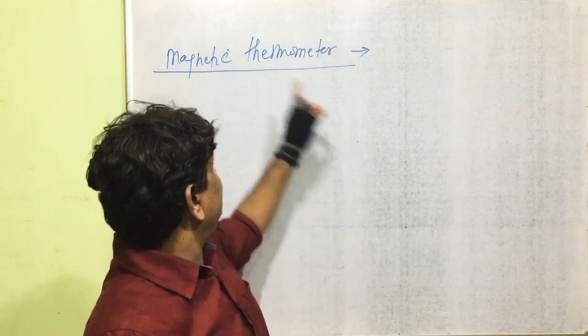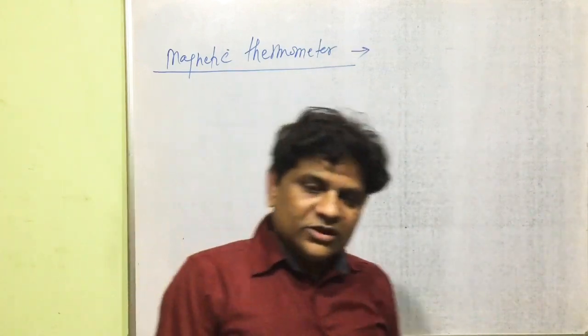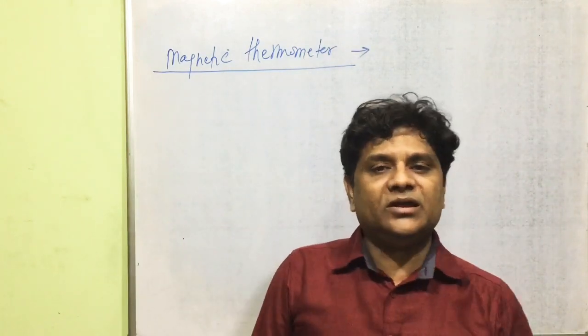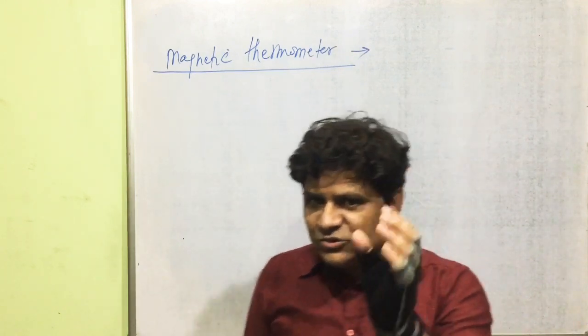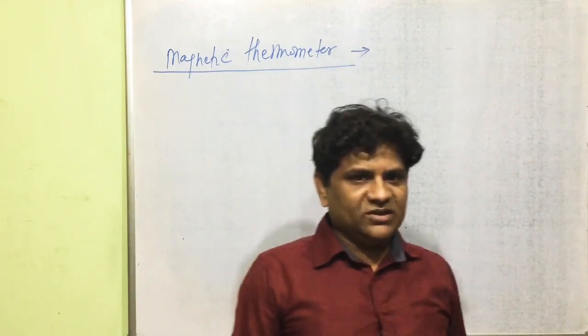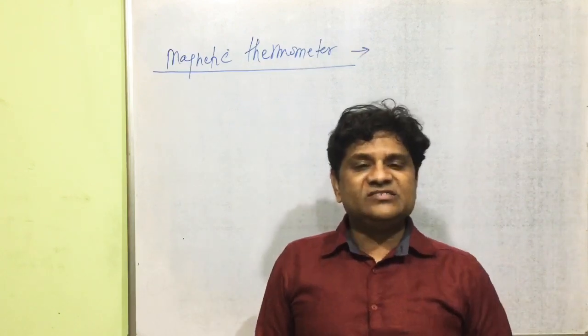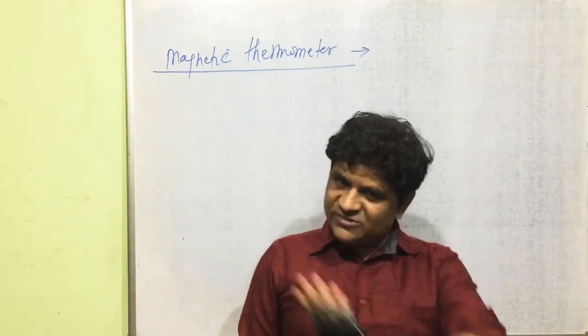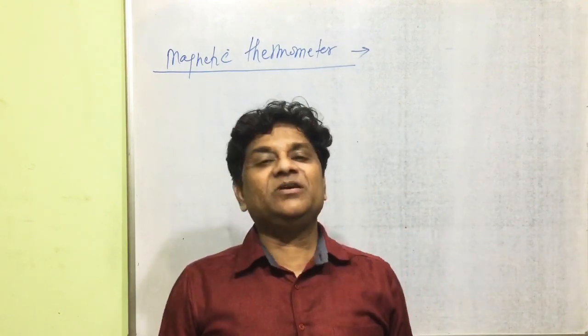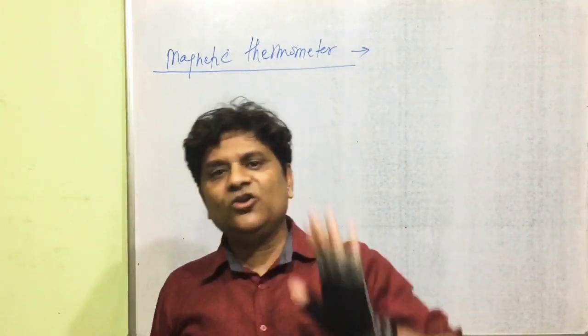Okay, the next thermometer is the magnetic thermometer. Before discussing it, one question arises: which thermometer is used to measure very low temperature? Suppose the vapor pressure thermometer is not given in the options. As we know, the vapor pressure thermometer is used to measure very low temperature.